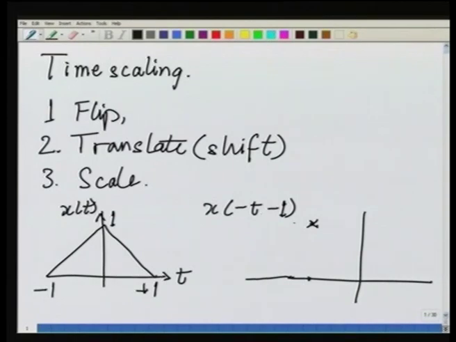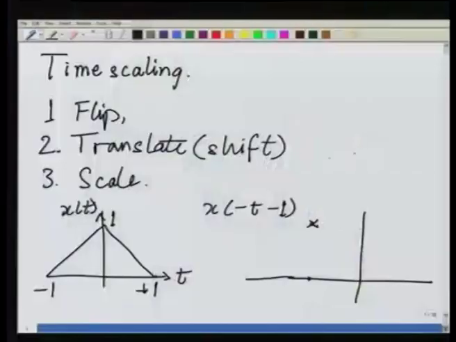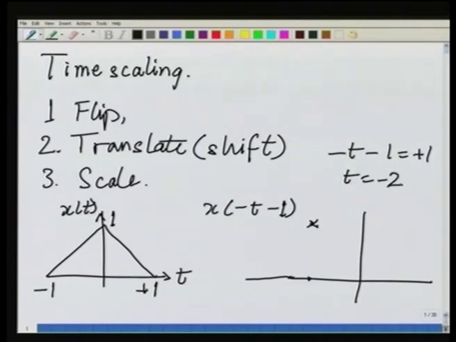So, when minus t minus 1 equals plus 1, it will reach a 0. That means, when t equals minus 2. So, at minus 2 it will reach 0.